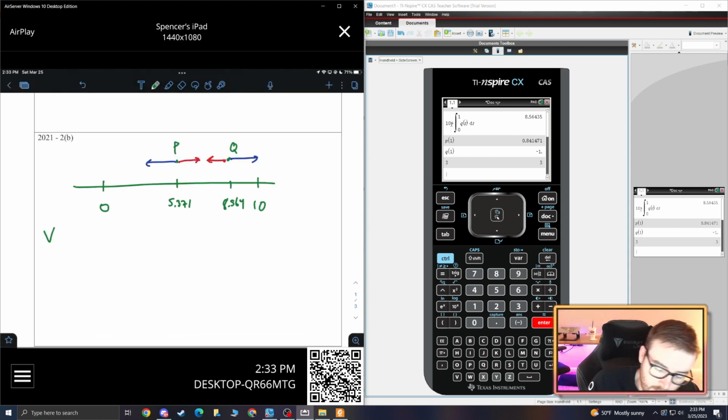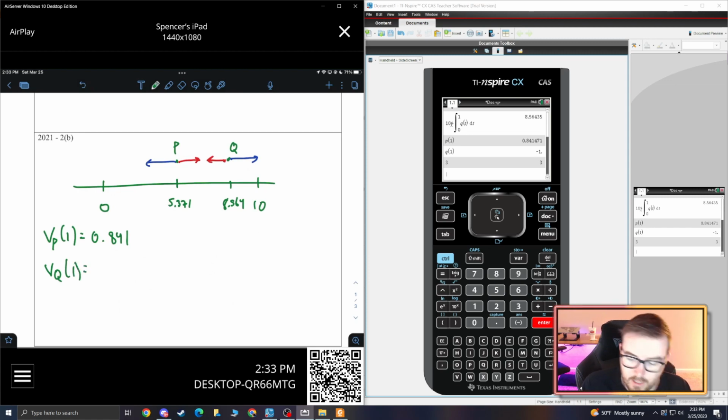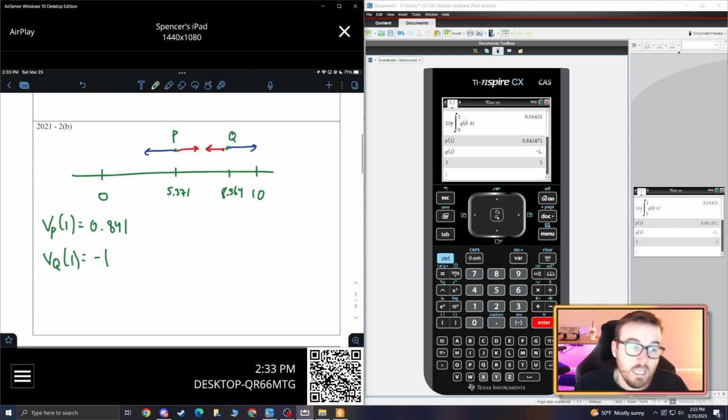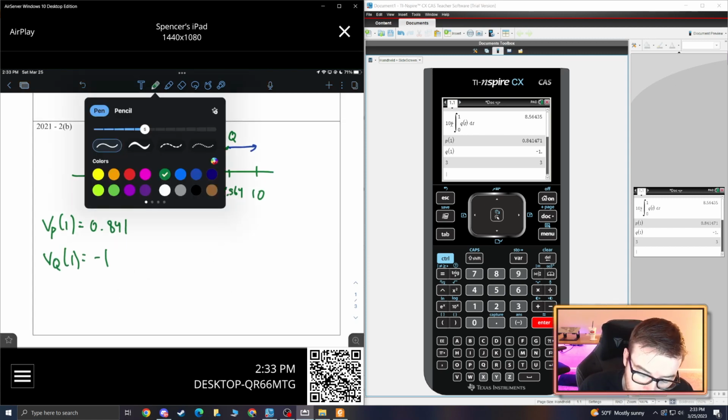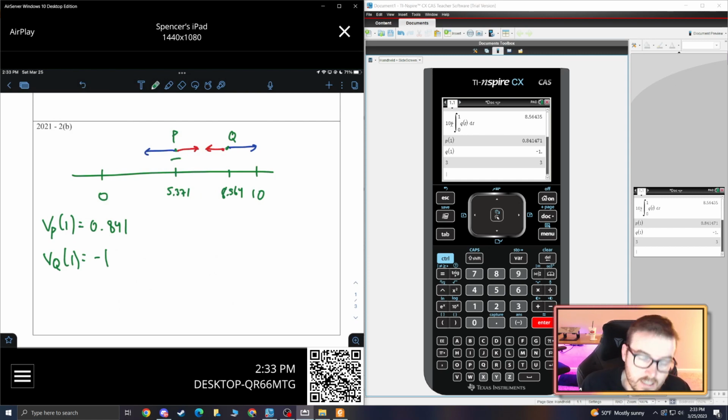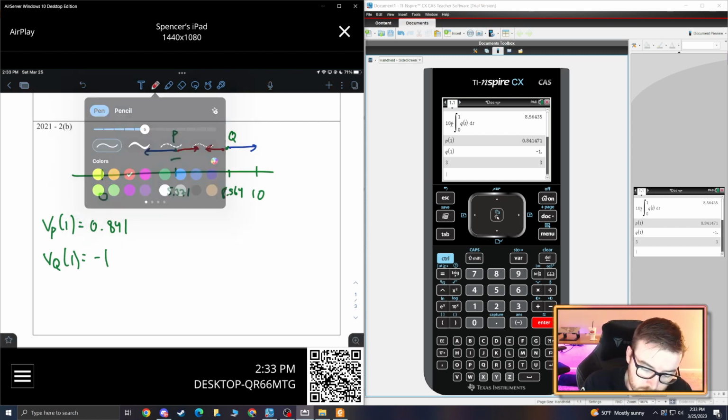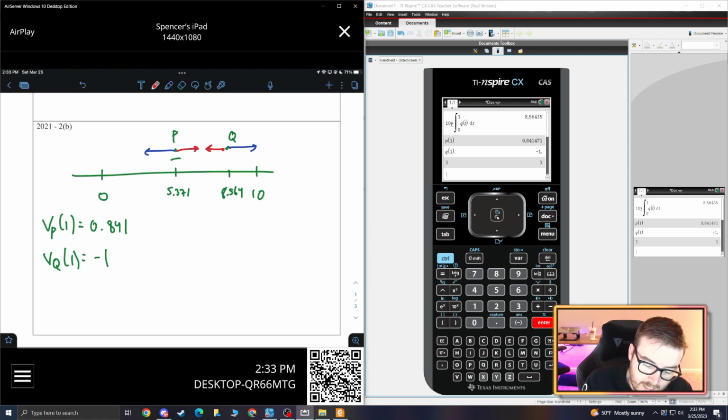So we're going to tell our grader that the velocity of P at 1 is 0.841, which is positive, and the velocity of Q at t equals 1 is -1, which is negative.